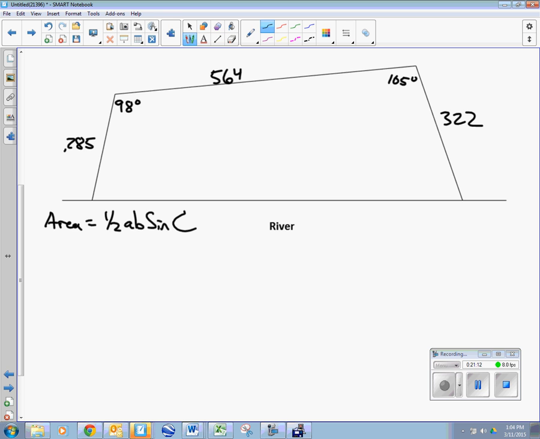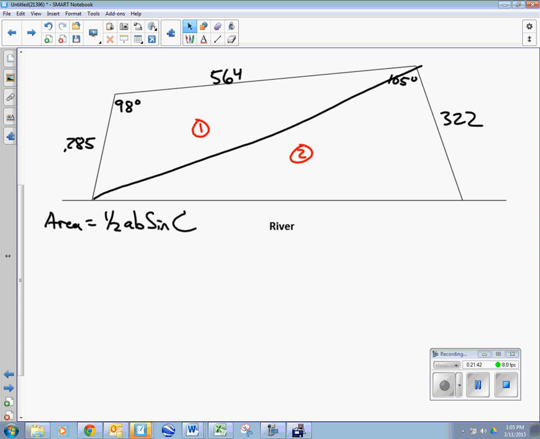This isn't a trapezoid, a parallelogram, or a rhombus. This is just a quadrilateral. There's nothing special about it. So I can't find the area of this quadrilateral until I divide it up into two triangles. I'm going to divide it just like that. I got two triangles. I got triangle 1. I got triangle 2.